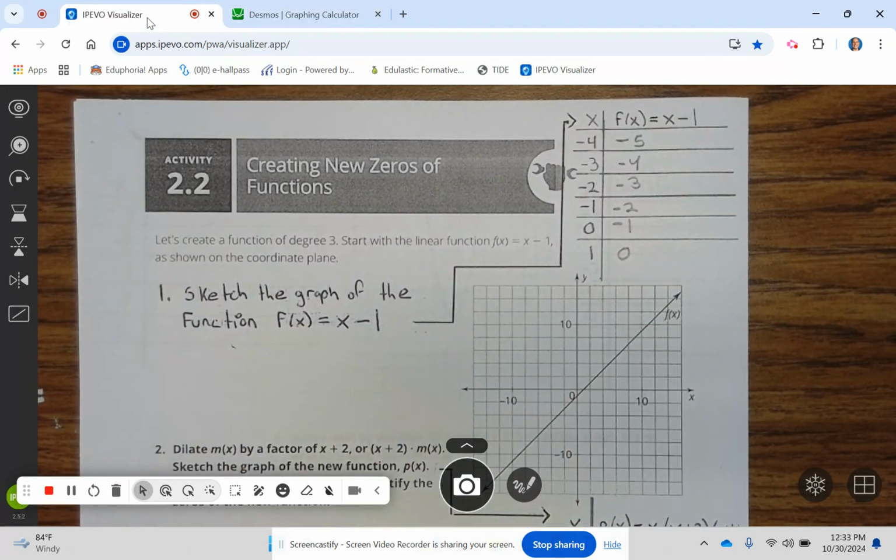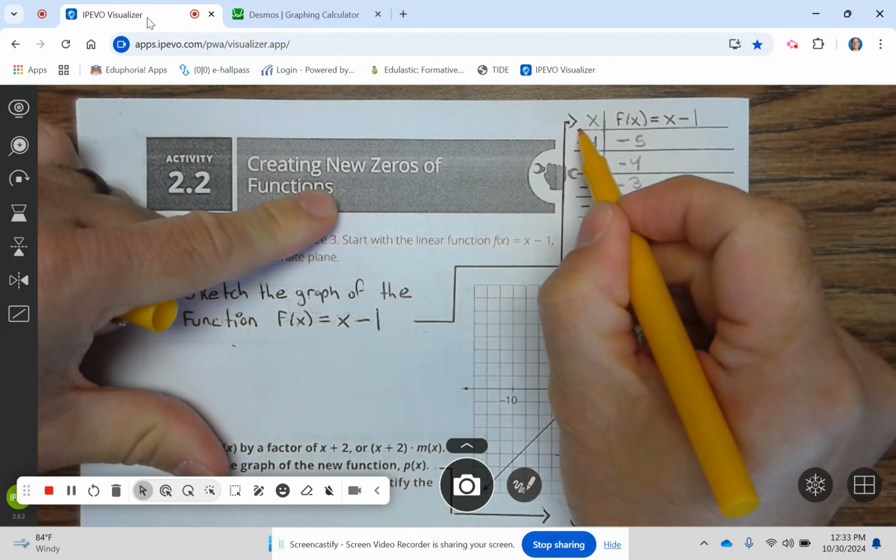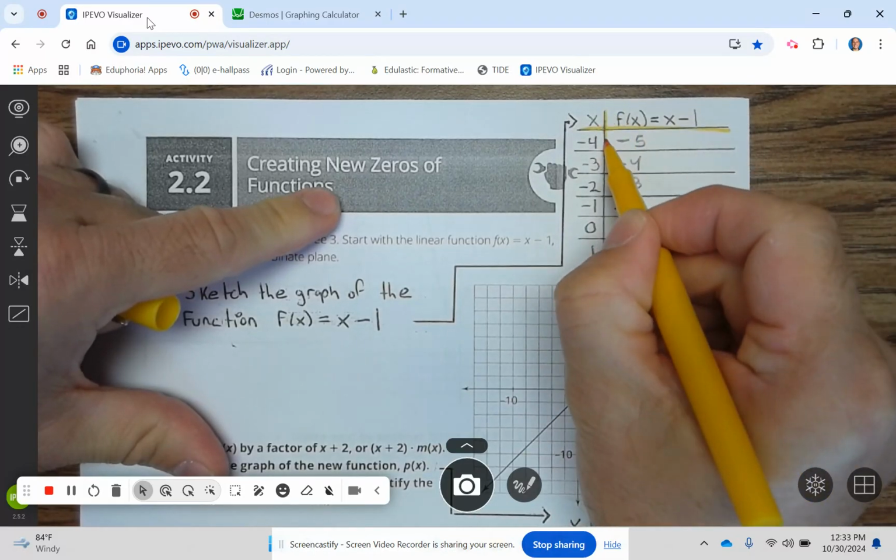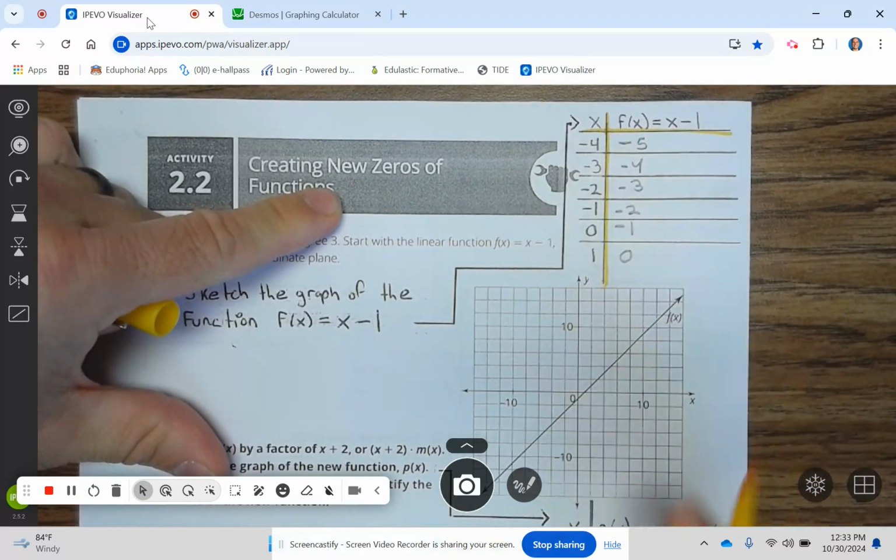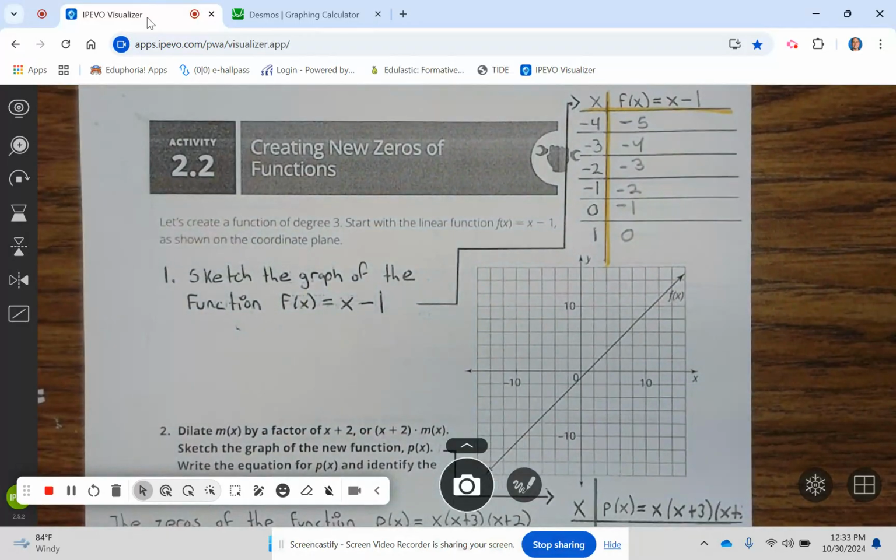All right, go ahead and complete this table right here. All right, and let's go ahead and graph those corresponding points.